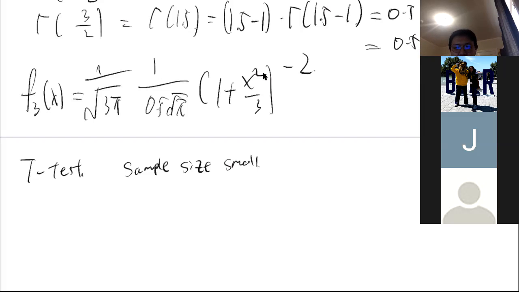Okay, so let me review something about the t-test. The t-test is when we handle small sample size. And we just look at the curve for the PDF for the t-test. But similar to the normal distribution, we don't focus too much on the PDF. Instead, we're focusing on doing the specific hypothesis testing.